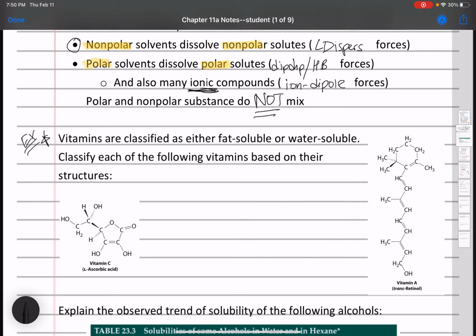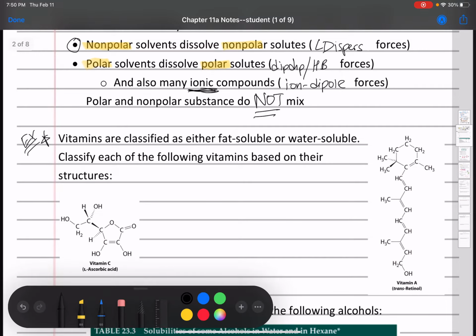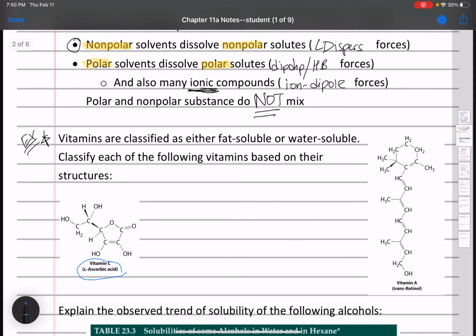So let's first take a look at vitamin C. There's a bunch of carbons. This is a fairly large and busy molecule for you guys. In general chemistry, we usually stick with simpler binary compounds, but we can see there's a lot of carbons, but there's also a lot of oxygens.